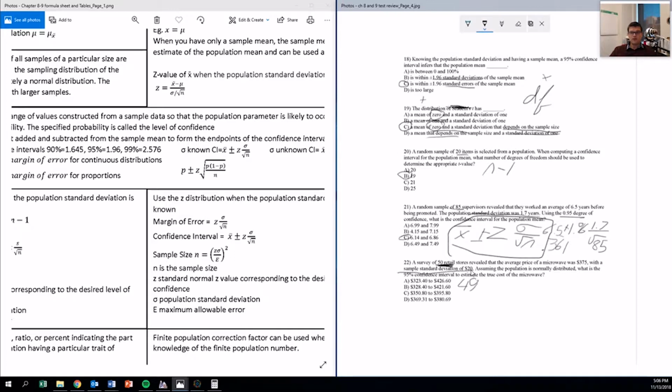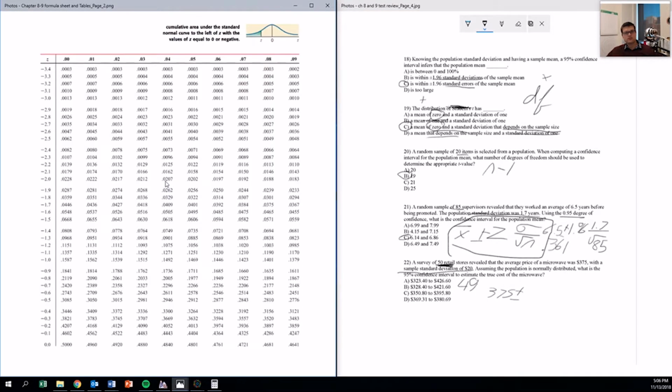So we've got $375 plus or minus, and we're going to go to the t-distribution. Okay? So we find the degrees of freedom in this left-hand column. Degrees of freedom is 49. Okay?